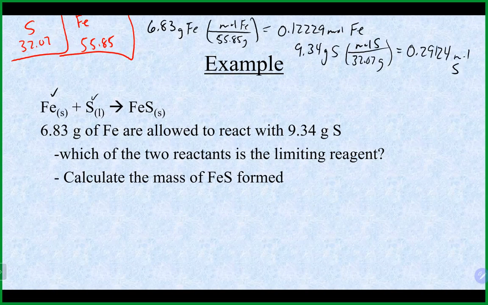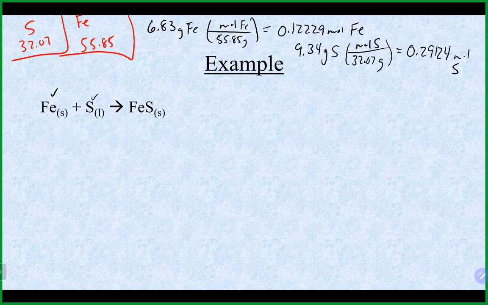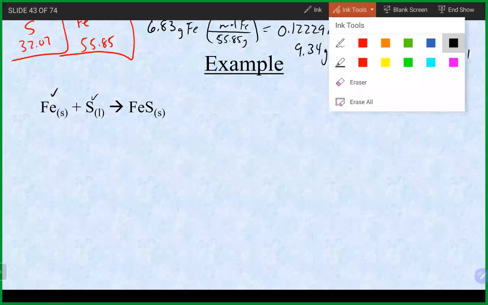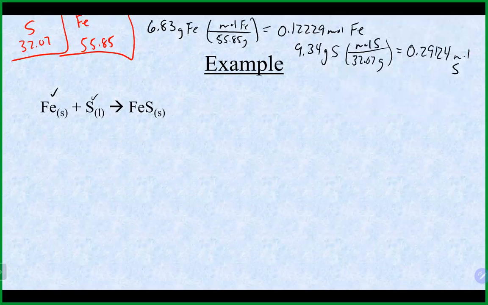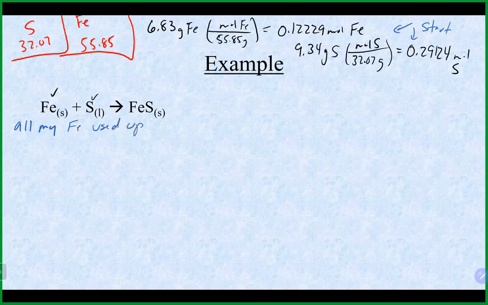So we balance the equation, we convert it to moles. We recognize that this is a limiting reagent type problem. So we do want to do our calculation to figure out the limiting reagent. Remember that you really could grab either of the reactants, it doesn't matter. You're just going to do a calculation to figure out, do you have enough of one reactant to use up the other? So you could think of these numbers here as our starting amounts for each of these. So if I want all of my iron to get used up, how much sulfur is needed is what I'm going to do here.